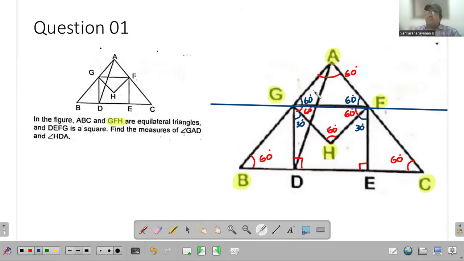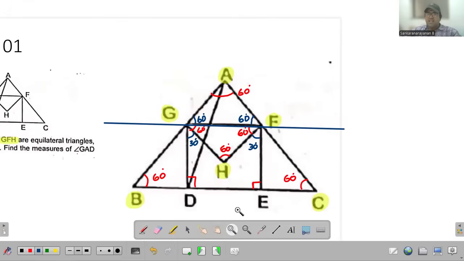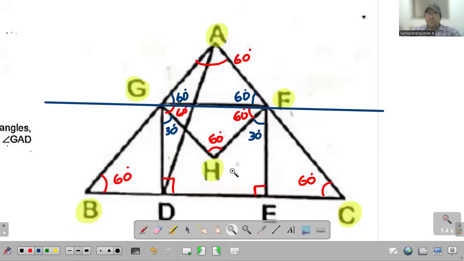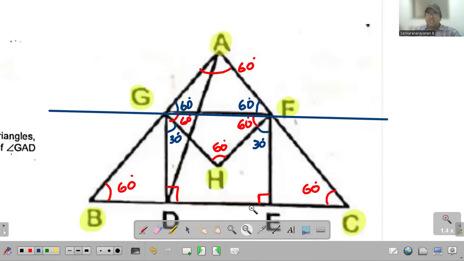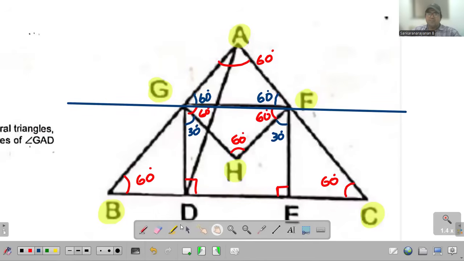So, with all those equilateral triangles there, let me now focus on the side aspect. Okay, so for better understanding, let me zoom this slightly more. Now let's look at the measurement of the sides. So we can see that here GFED is a square. So all these measurements, the length when I'm considering, will be the same, right? And I can see that here triangle GHF is equilateral.